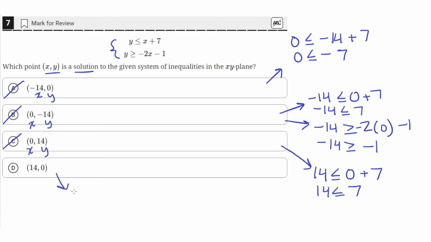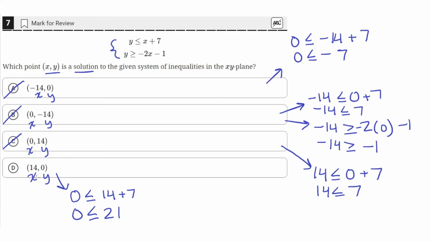And then answer choice D says that x is equal to 14 and y is equal to 0. So when we plug that into the first equation, we will get 0 is less than or equal to 14 plus 7, which is true. 0 is less than 21.